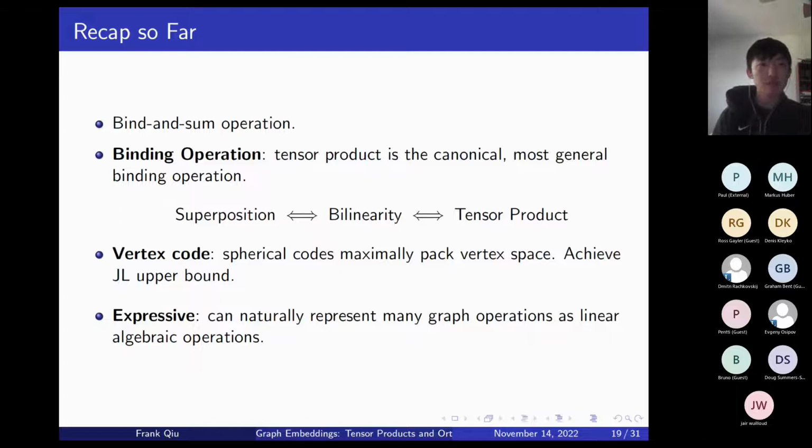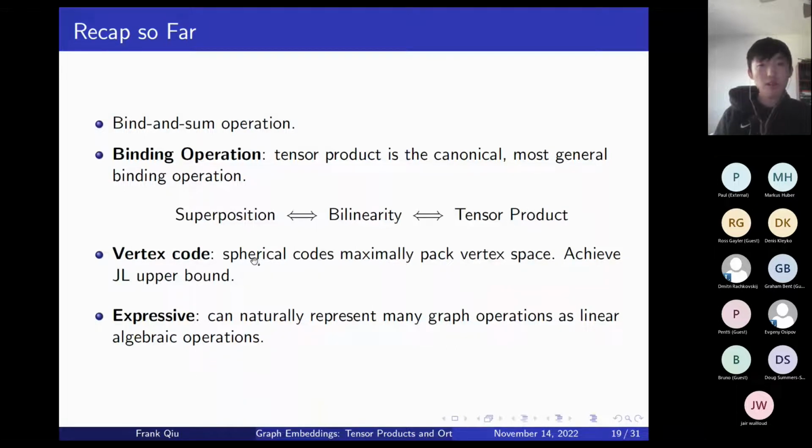And so here's a recap so far. First, I went over the graph embedding method as well as some operations you can do. Looking at the binding operation, we saw that the tensor product is actually the canonical, most general binding operation, where assuming your edge binding method obeys superposition, you must have a bilinear map, and any such bilinear map must factor uniquely through the tensor product.